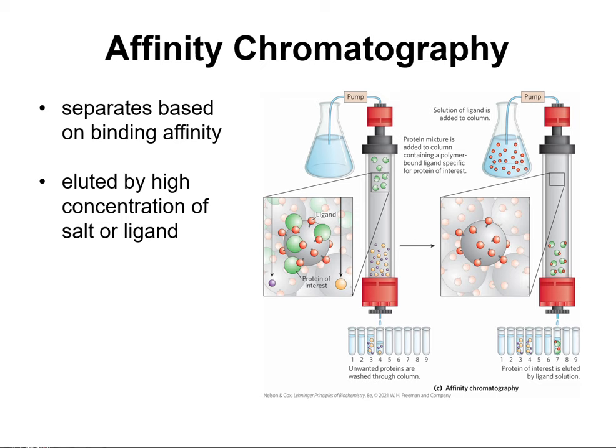You can also use protein tags, so you can express proteins with a tag that it wouldn't normally have out in nature, and that tag can be attracted to some kind of ligand on a column. So that is also a great way to purify a protein.